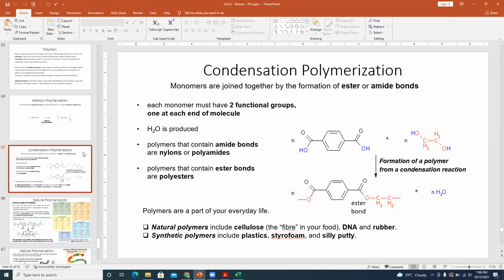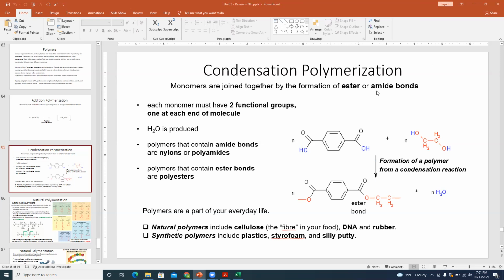You can also have condensation polymerizations. And in condensation polymerization, these monomers are joined together by the formation of esters or amide bonds. Here, each monomer has to have two functional groups, one at each end of the molecule.